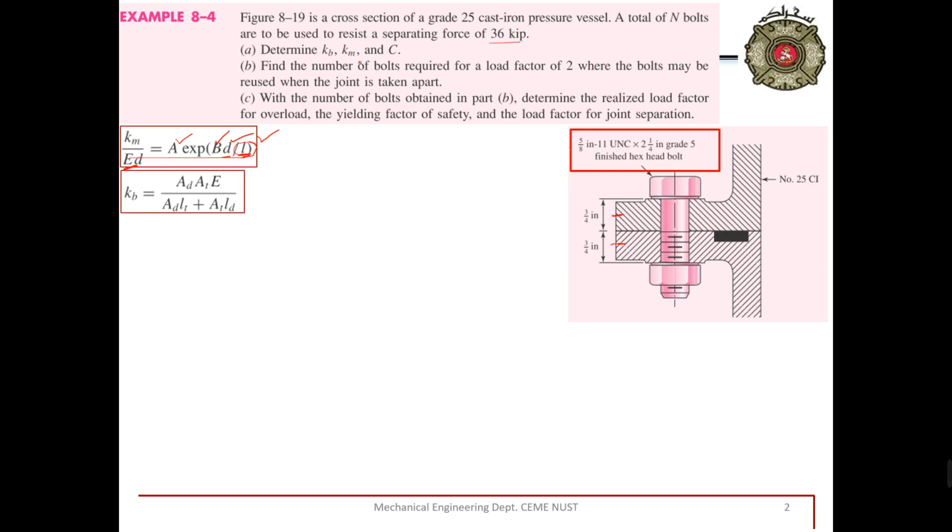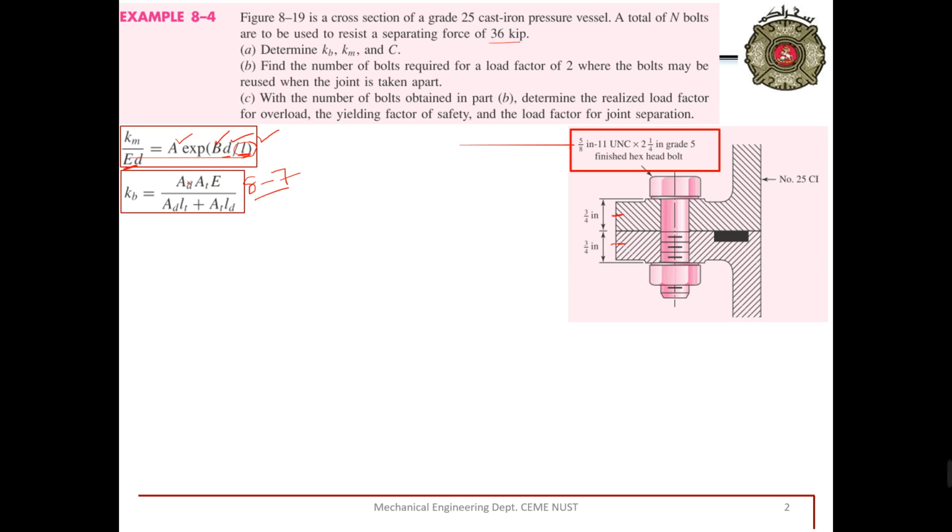Similarly, to calculate kb, we have this equation. You can go into the book and see table 8-7. All the detail is given regarding the calculation of kb. For kb, if we go to table 8-7, we need Ad. Ad is simply pi by 4 D squared. We know D, so we can calculate Ad.